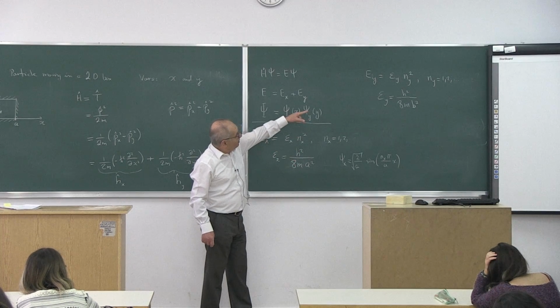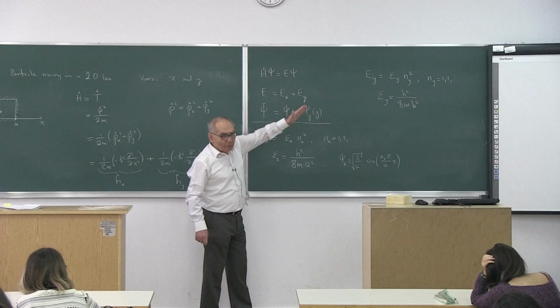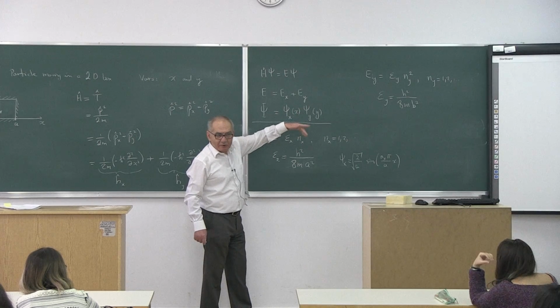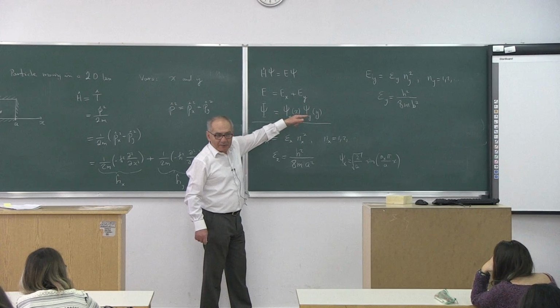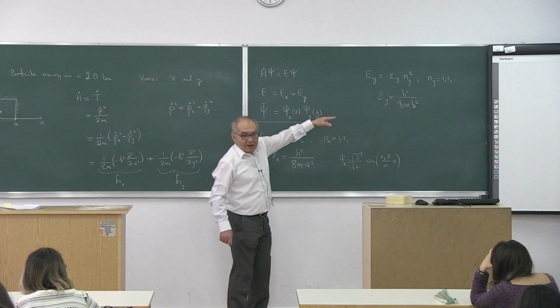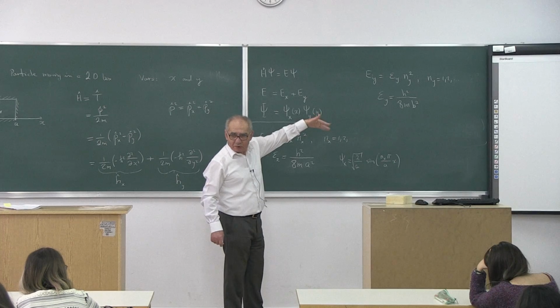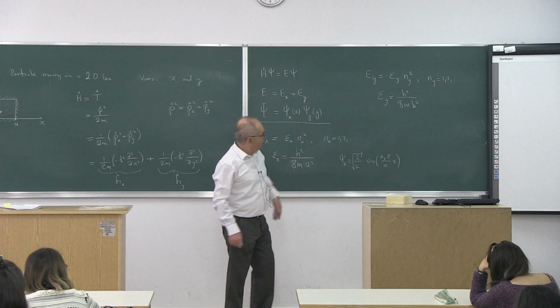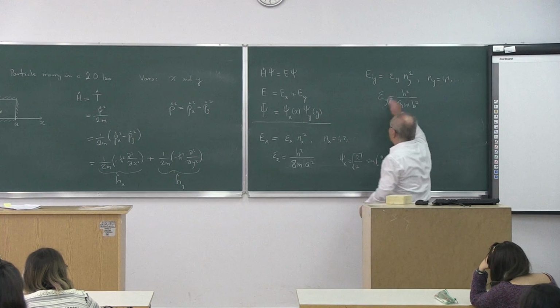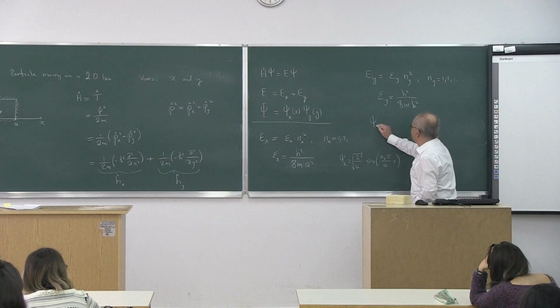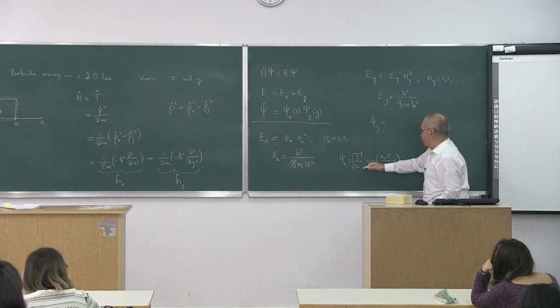What about the lowest, ground energy of the Y particle? You will select n sub y to be 1, and that is going to give you the lowest energy level. The corresponding state function, psi y, is similar to this expression.